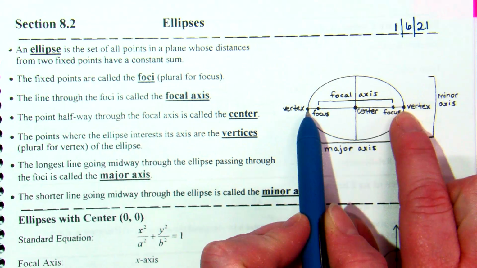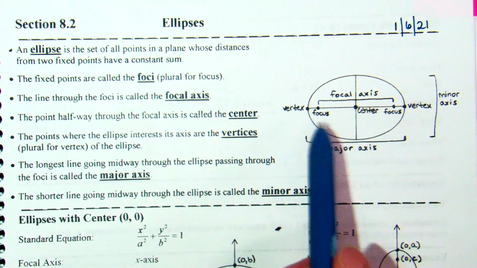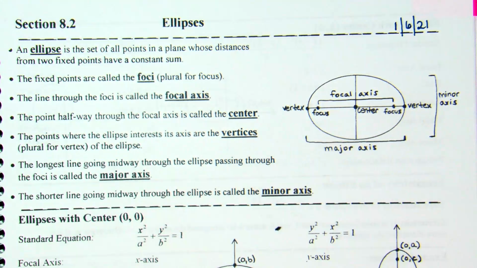Okay? The longest line going midway through the ellipse, passing through the foci, is called the major axis. So the major axis is, first of all, the longer axis. It has your foci on it. It has your vertices at the end of it. The opposite of the major axis is the minor axis, the shorter line going midway through the center.